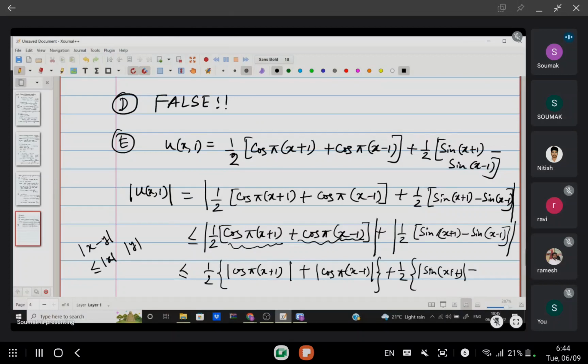Here what should I write, plus or minus? Anyone know? Here it is minus. If you consider sine x plus 1 as x and sine x minus 1 as y, then I got mod of x minus y. What is this, plus or minus?